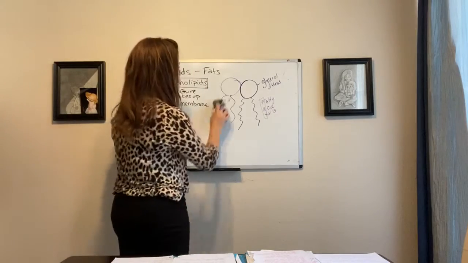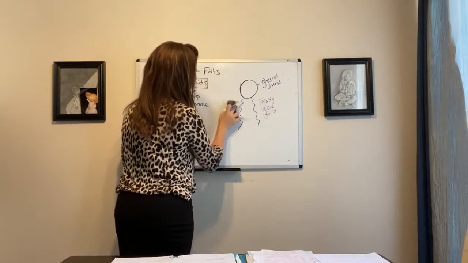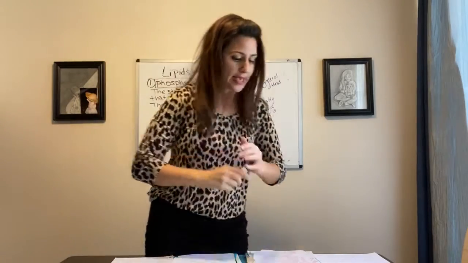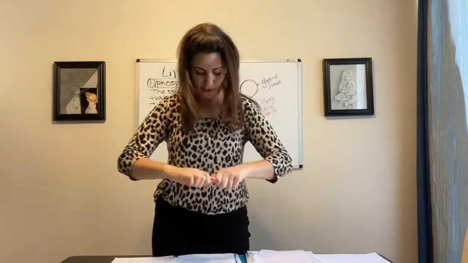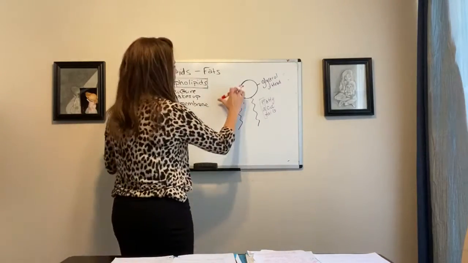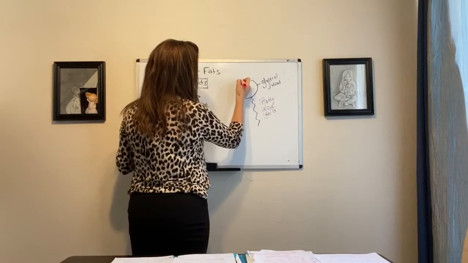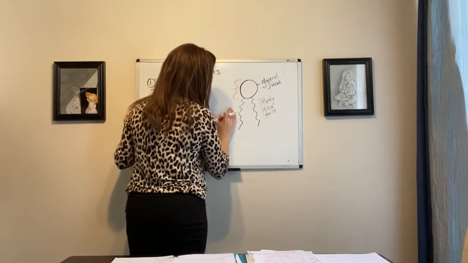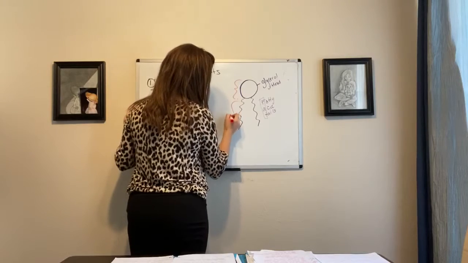Now, what is very important about the phospholipids and triglycerides in general is that there are two different characteristics to them. There's the glycerol head and then the fatty acid tails.